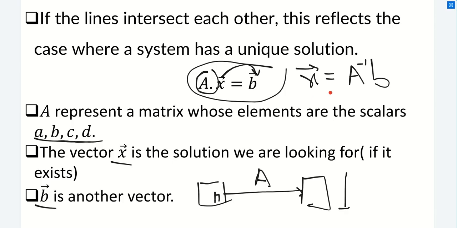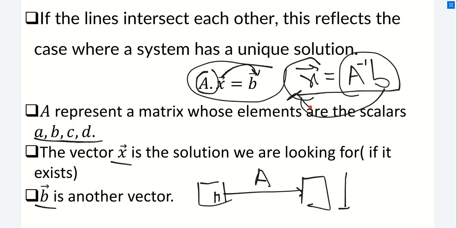So if you look at what we are doing over here, I just want you to see it because I will use that one to explain a lot about determinants. What is happening here is that although we are looking for the X value, in actual sense, we are taking B back to X. It's like we are taking you from your school back home.